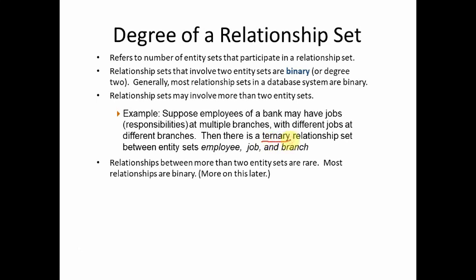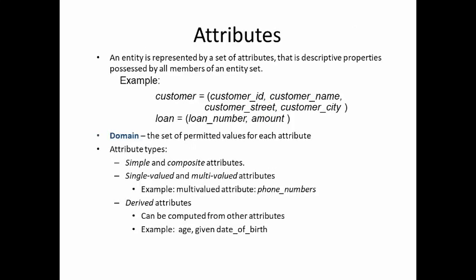So you can use that concept of relationship set to show that in an ERD diagram. Remember, attributes basically describe more about a particular entity. Like we have customer here. Customer is an entity, and bank is also an entity.